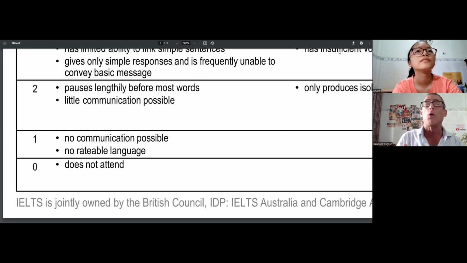So let's move up to one. What does one tell us? And this is again under the category of fluency and cohesion. In level one: no communication possible, no rateable language. That means that a person comes to the exam but can't speak.